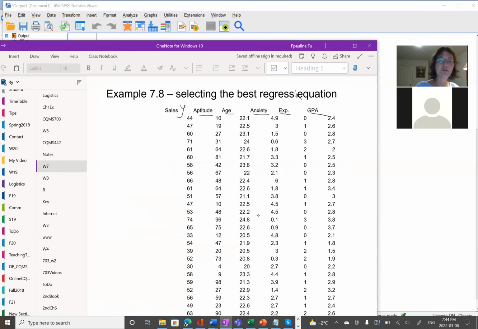Okay. So this is our 5 predictors. Out of these 5 predictors, which ones are important? So you go to next one. X2 and X1 are important.